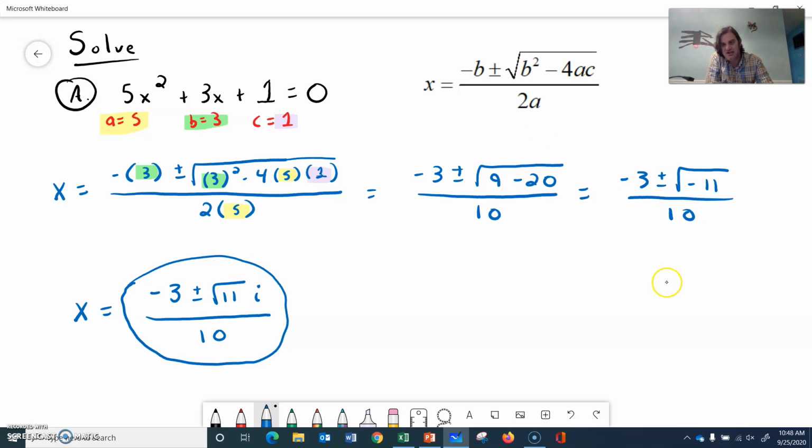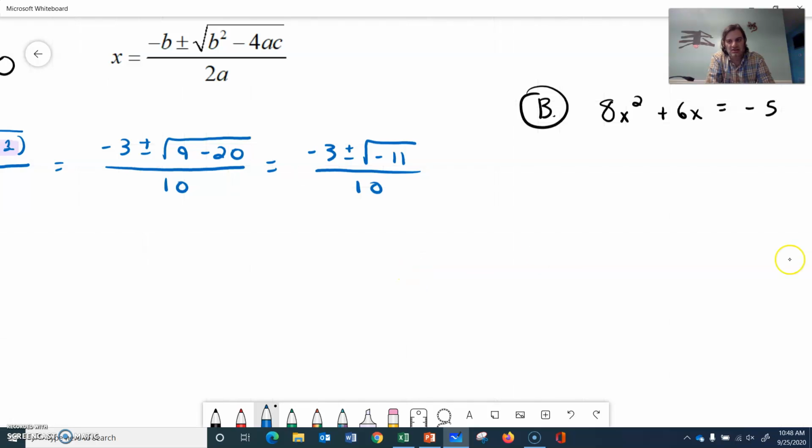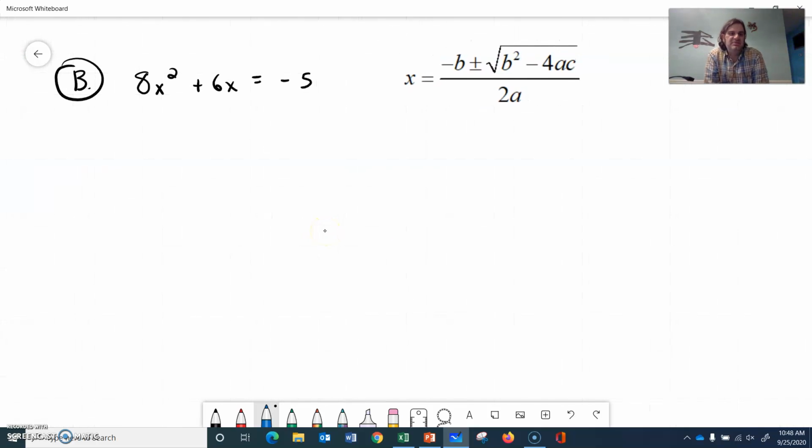Okay, but you've got to be aware and pay attention to your signs under that root, because you can get these imaginary numbers. Okay. Last practice problem here. B, 8x squared plus 6x equals negative 5. Things are not in the right place because it needs to be set equal to 0, so I'll add 5 to both sides.